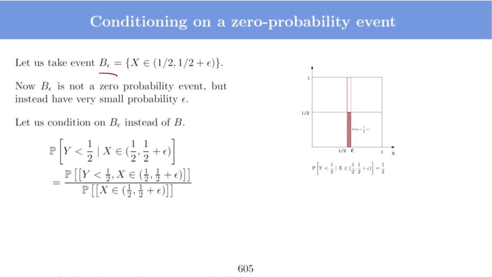The event A intersection B would be this shaded area, and B would be the whole rectangle, the shaded part plus this white part. So the probability of B would be the area of this big rectangle, which is equal to length 1 times epsilon. And this shaded area would have length half times epsilon. So the ratio would be half epsilon divided by epsilon, which is equal to half.